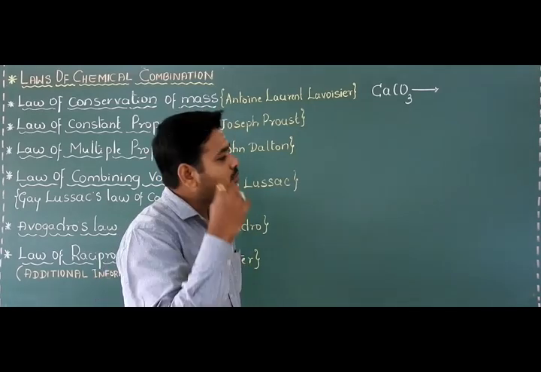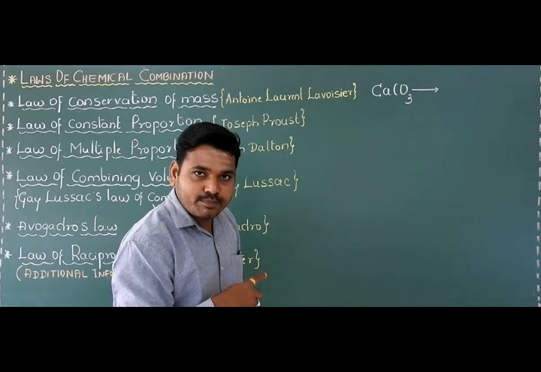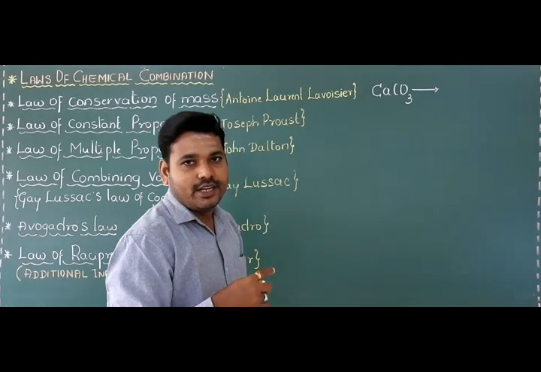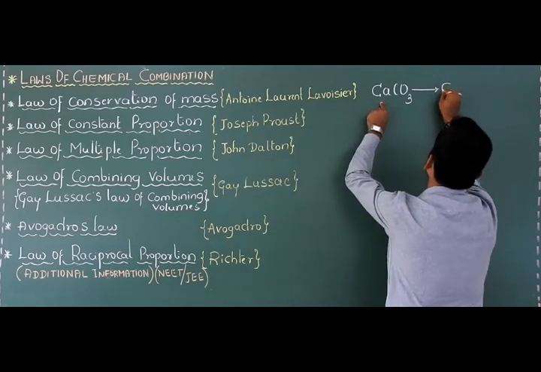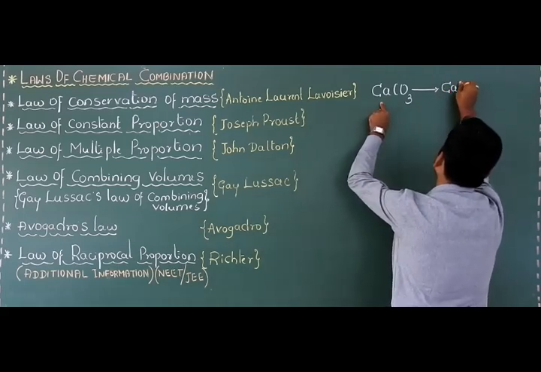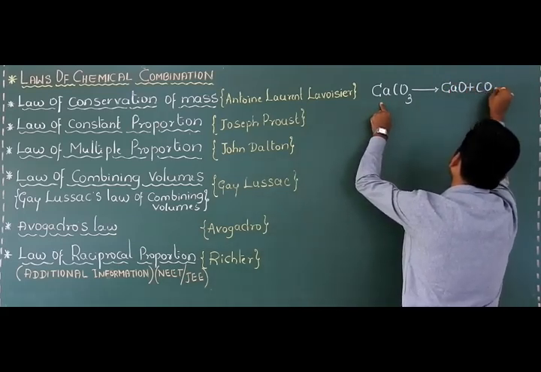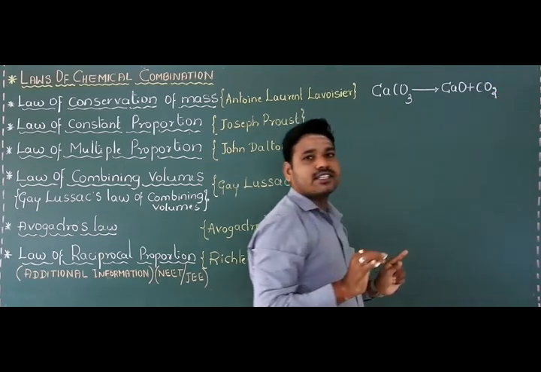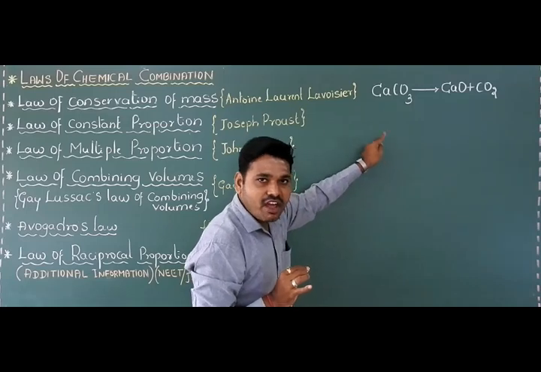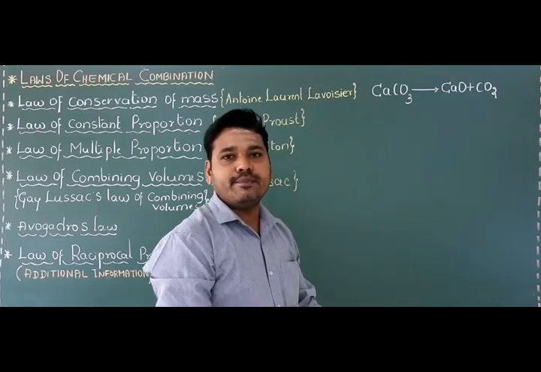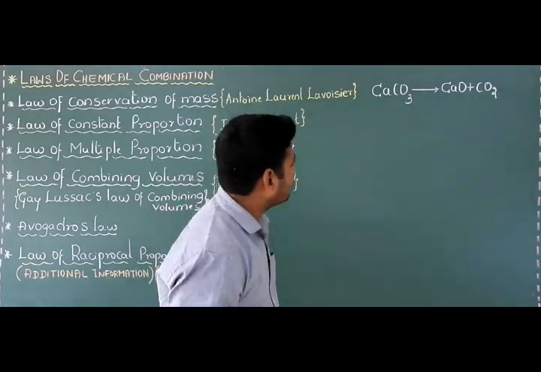When calcium carbonate undergoes thermal decomposition, it splits into calcium oxide and the second compound, carbon dioxide, students. This is the balanced chemical equation for the decomposition of limestone, or calcium carbonate.